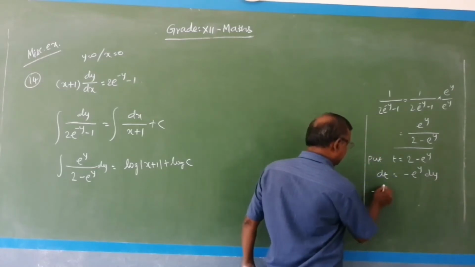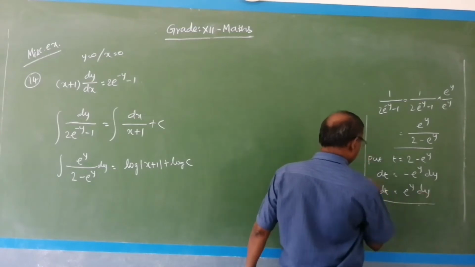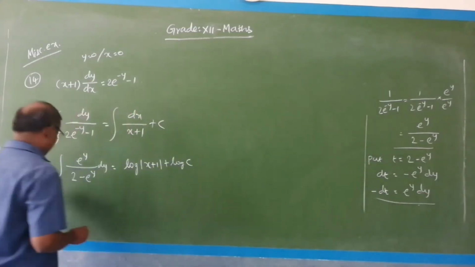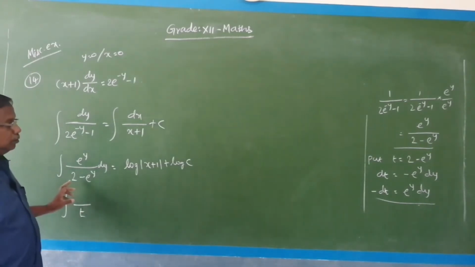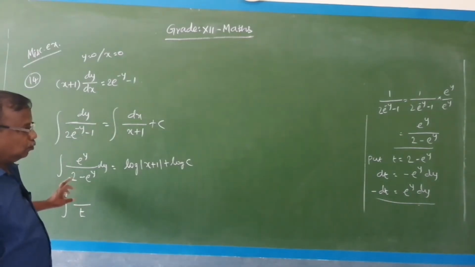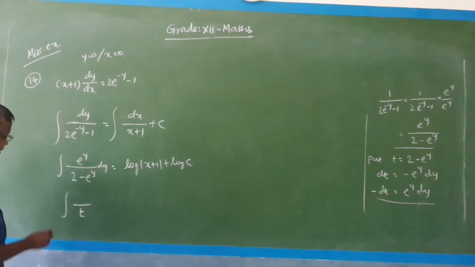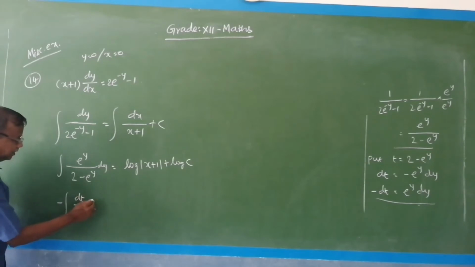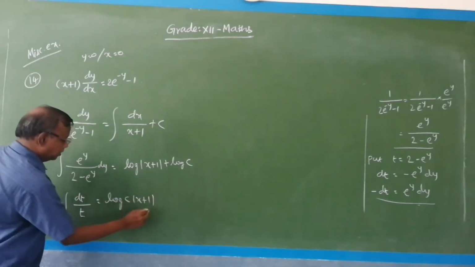So, minus dt equal to e power y into dy. So, substituting all the values here, it is integral 1 by t, where t equal to 2 minus e power y and e power y into dy equal to minus dt, equal to log c into modulus of x plus 1.